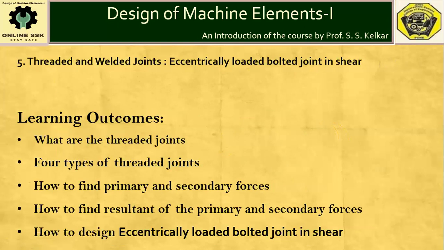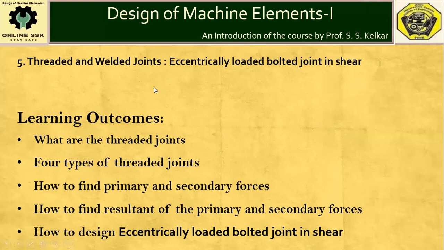Likewise, we have to design the bolt for a bolted assembly which is subjected to eccentric load, which is of shearing nature, which will be lying in the plane of the bolts and which will cause primary as well as secondary shear of the bolts.